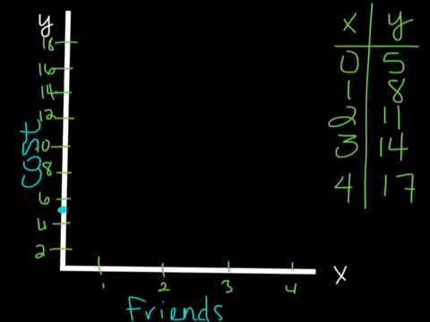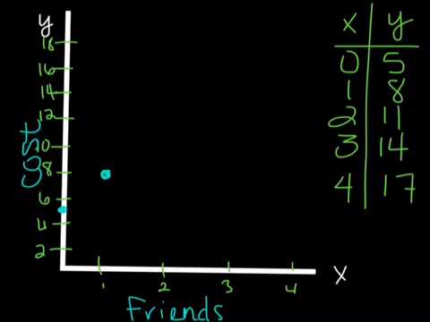Over 1, up 8, draw my point. Over 2, up 11, draw my point. Over 3, up 14. And last but not least, over 4, up 17. Draw in my line, and I am done.